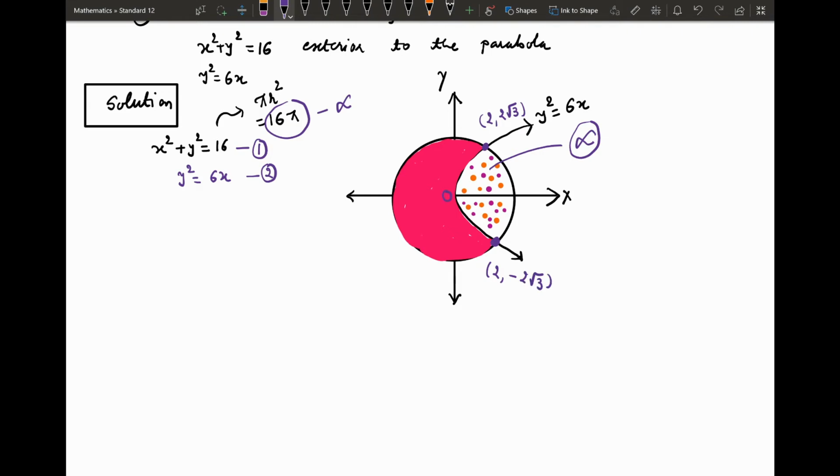This is origin O, say A. Now we take foot of perpendicular, we denote this by L, this will be C 4, 0.